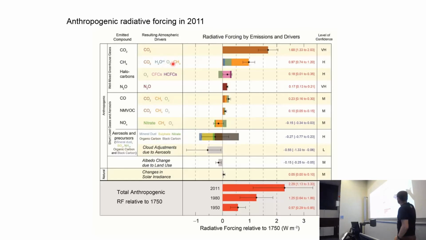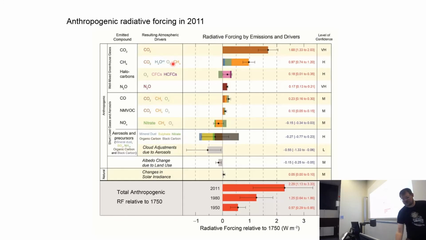So it's an indirect effect. Just by having some of these gases in the environment, it's not just their radiative effect as a greenhouse gas. They also affect the chemistry of other things in the atmosphere, which then have a secondary effect on the radiative forcing.